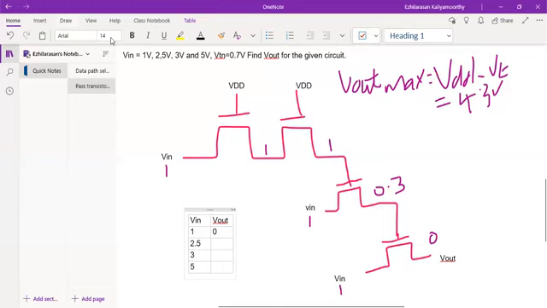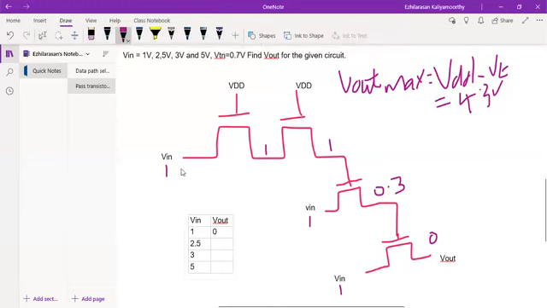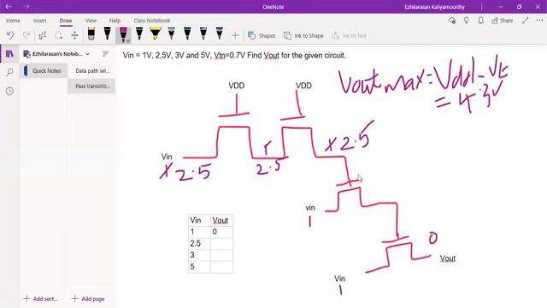Next, let us go for 2.5. When it is 2.5, I'll get here also 2.5. Next, here also we'll get 2.5. Next, 2.5 minus 0.7 threshold voltage, how much is it? 1.8.